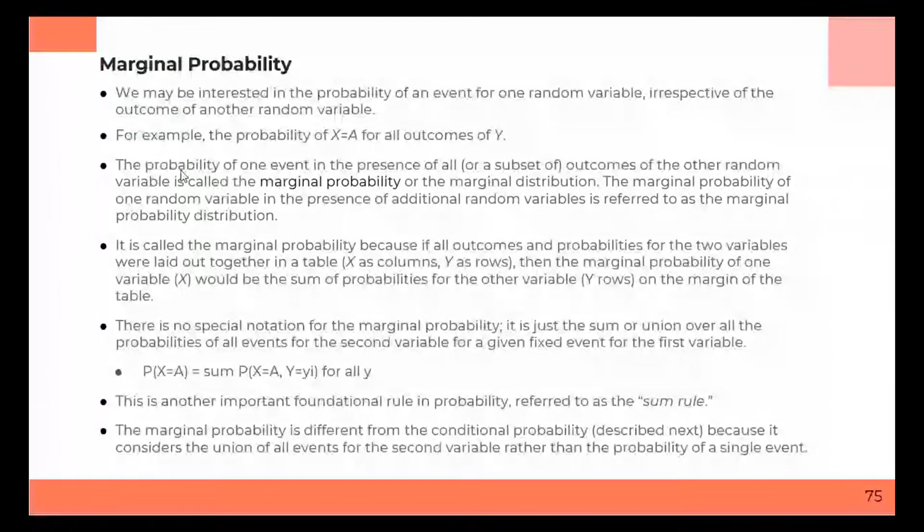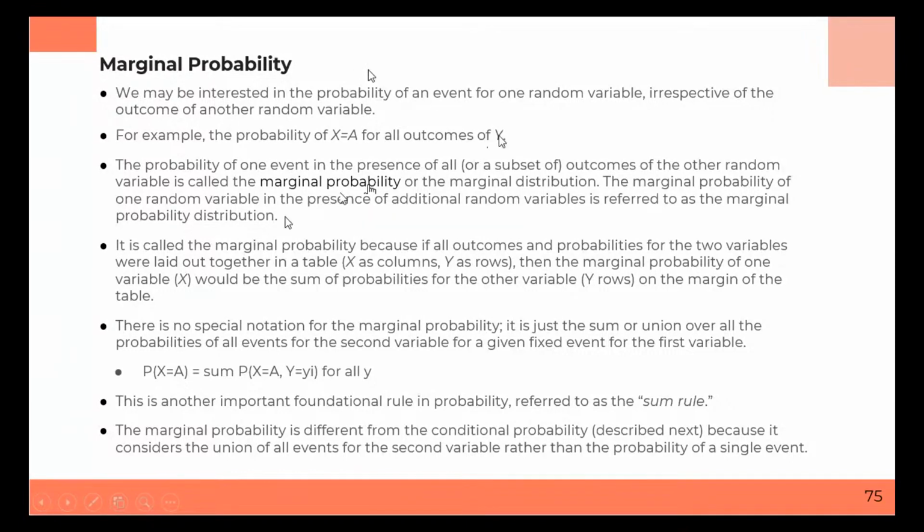So the event A: the probability of one event in the presence of all or a subset of outcomes of the other random variable is called marginal probability.